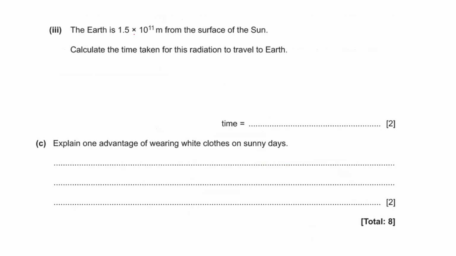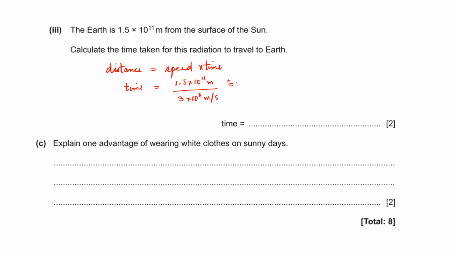In the next part, it says the Earth is 1.5 into 10 to power 11 meters from the surface of the sun. Calculate the time taken for the radiation to travel to the Earth. So we remember that distance equals speed multiplied by time. We have to calculate time. So our distance is 1.5 into 10 to power 11 meters, and speed is 3 into 10 to power 8 meters per second.